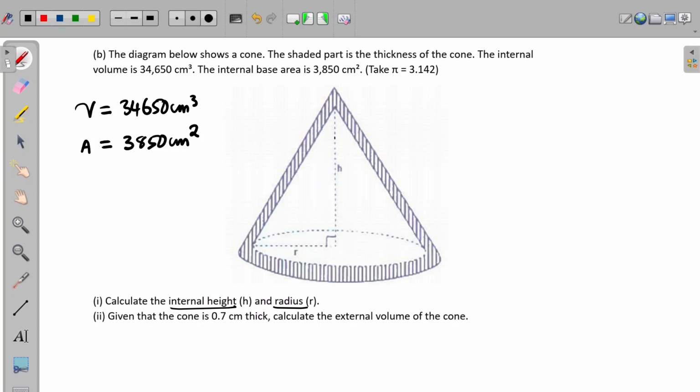How? First of all, let us dissect the actual formula for finding volume of a cone and the actual formula for finding area of the base. So when finding the volume of the cone, it is equal to 1 over 3 pi r squared times height.